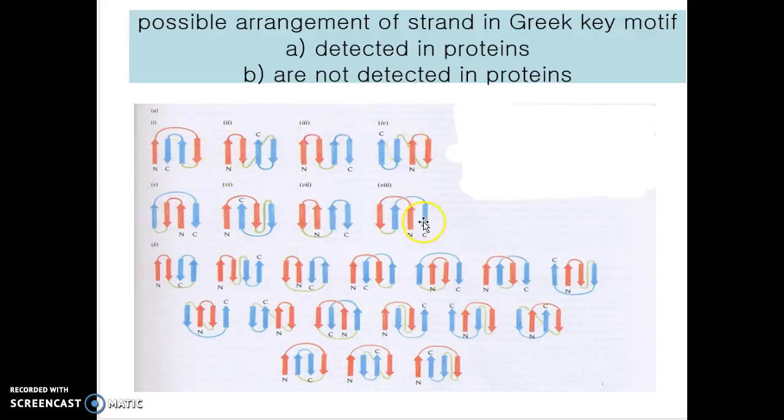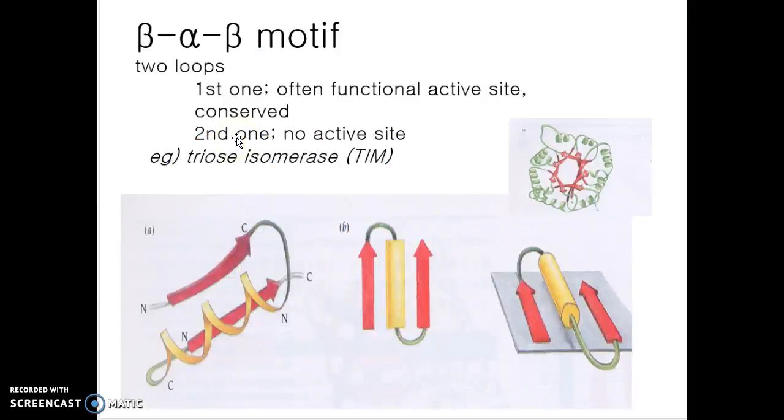Only 8 are shown in 2 layers, appearing in real proteins. The first 2 belong to the Greek key. For some reason only limited arrangement connectivities appear in proteins.